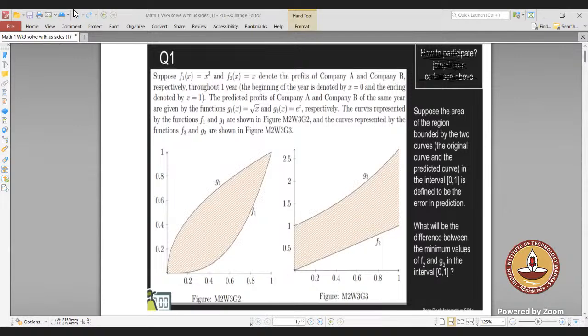I think this is a numerical question. You can just post the answer in the chat box.